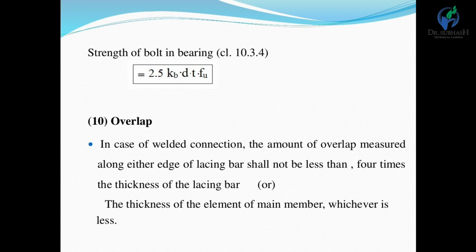So it shall not be less than 4 times the thickness of the lacing bar or the thickness of the element of the main member, whichever is less. You should satisfy these two criteria for the overlap. This is the last design criterion for the lacing, but this overlap limit applies when you provide welding.